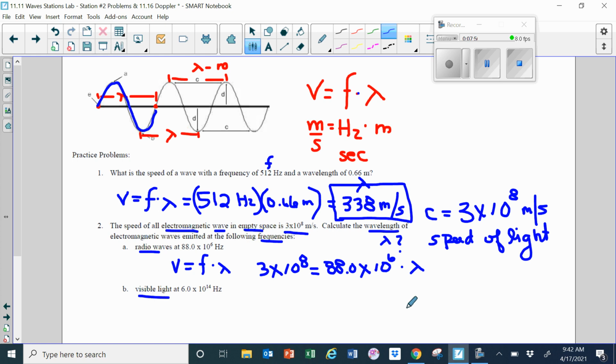Now all I've got to do is take 3 times 10 to the 8th and divide it by 88 times 10 to the 6th, and that will give me the wavelength.